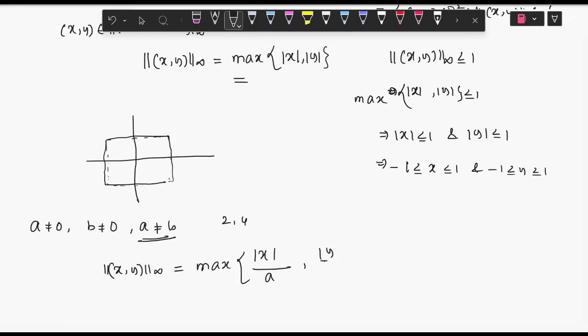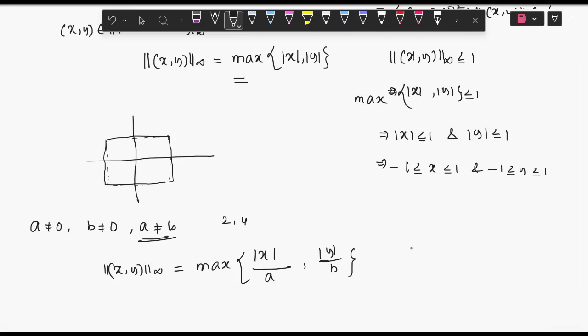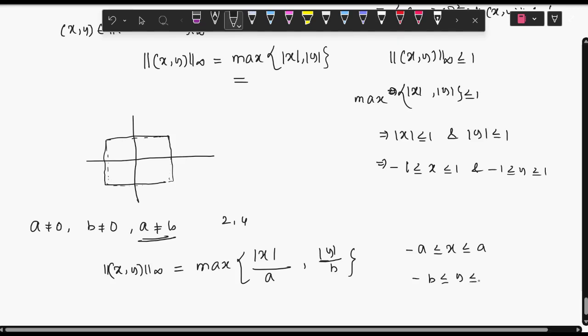Then, doing the same calculation, we can write minus a less than or equal to x less than or equal to a, and minus b less than or equal to y less than or equal to b.